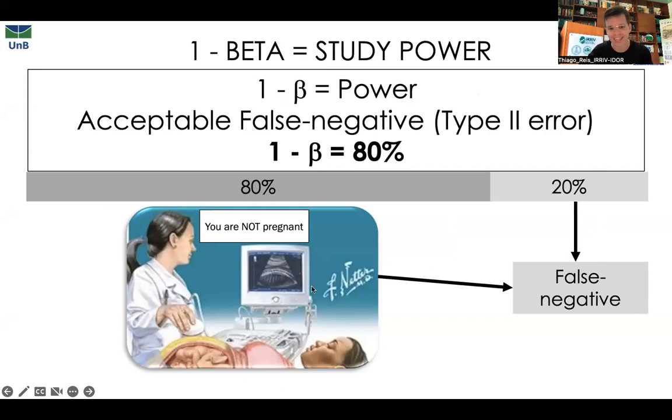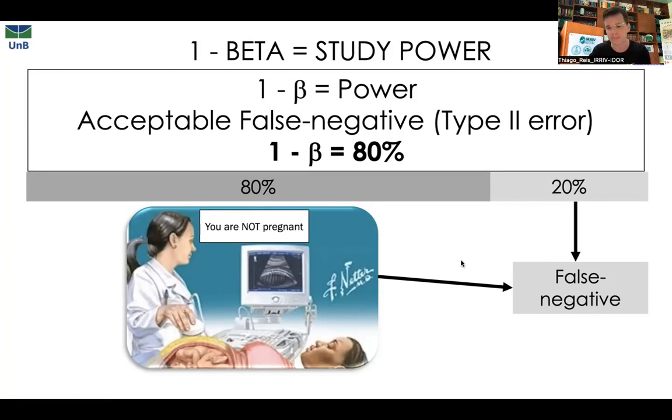So for example, in this case, this woman is pregnant and the physician says, oh, you're not pregnant. So this is a false negative result, a negative result for pregnancy, which is false. In general, the percentage accepted is 20% for false negatives.